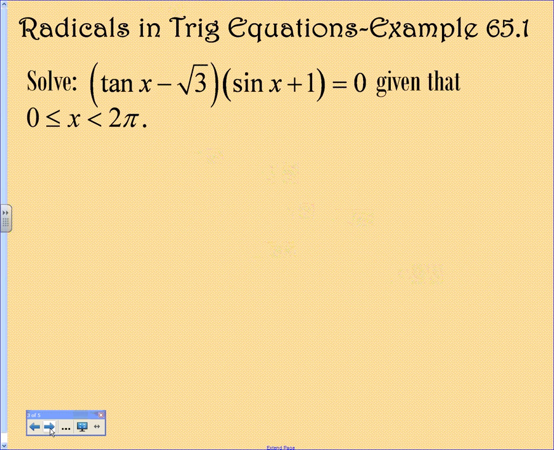Okay, let's look at another one. This one is actually a little bit easier. It may not look like it right now, but it is actually a little bit easier.